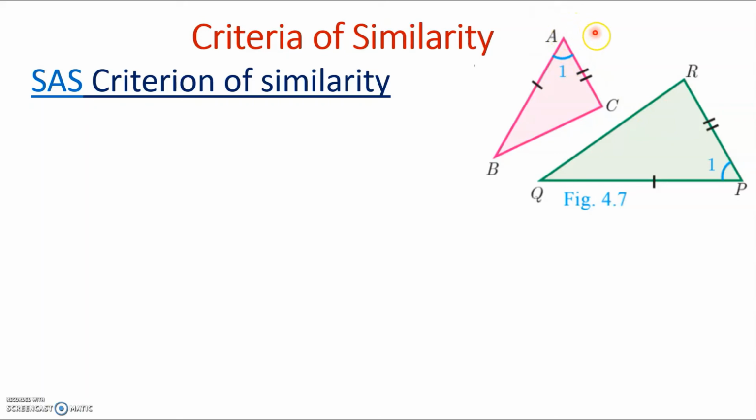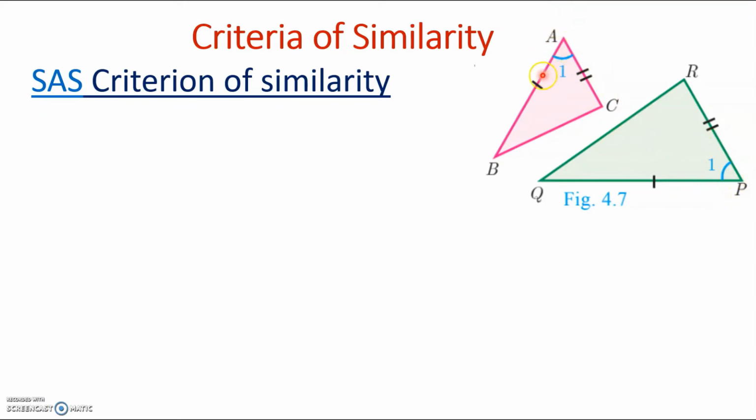Let's say that angle A is 1 and angle P is 1. Please follow this. They're flipped, so don't get confused. This angle A and this angle P are equal.